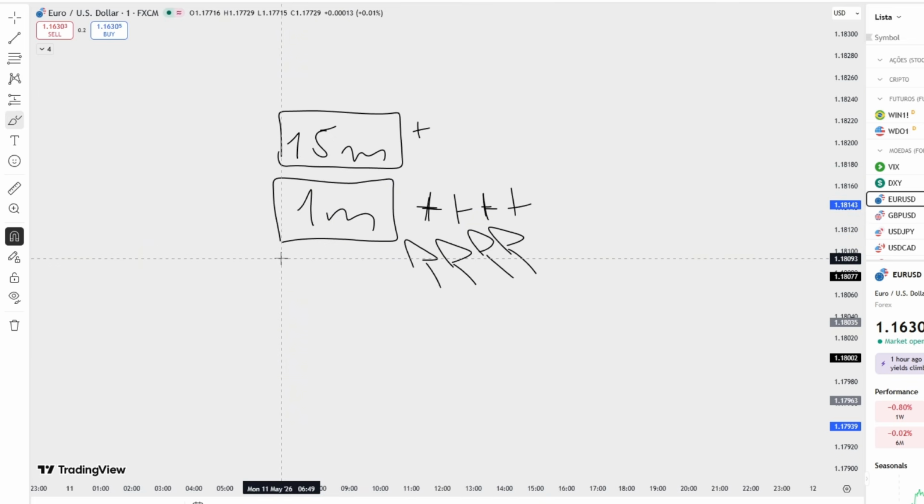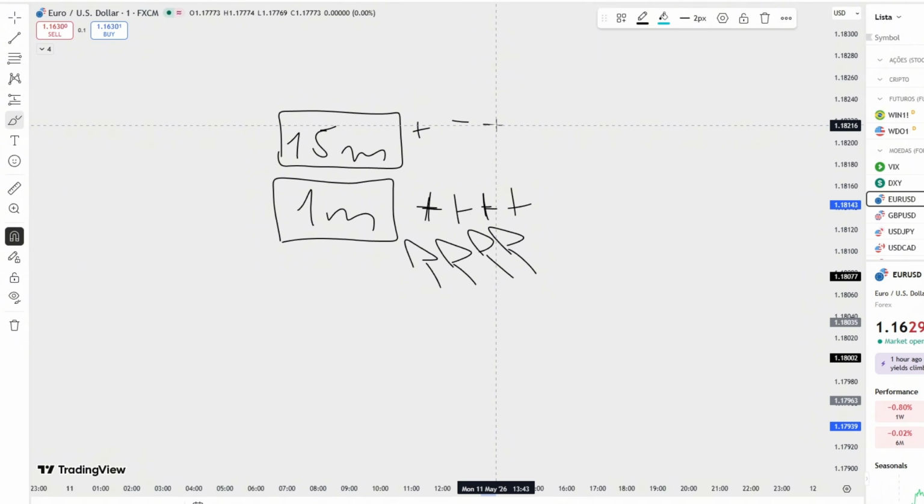If you don't like stops and you don't care too much about risk reward, go for the 15-minute. You're going to have fewer stops, fewer trades, less drawdown, kind of, because you're going to make less money than on the 1 minute.